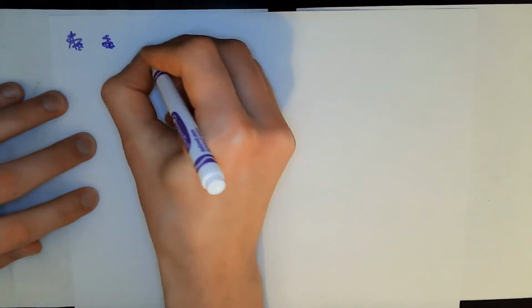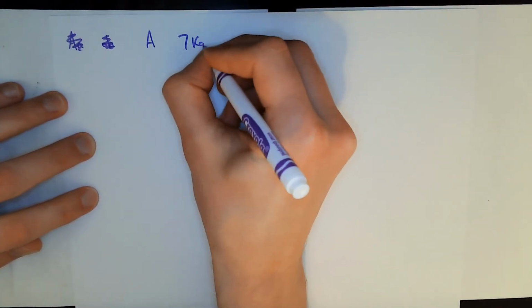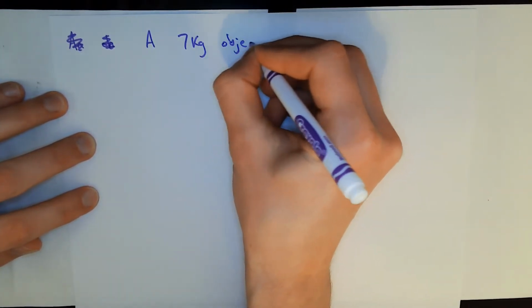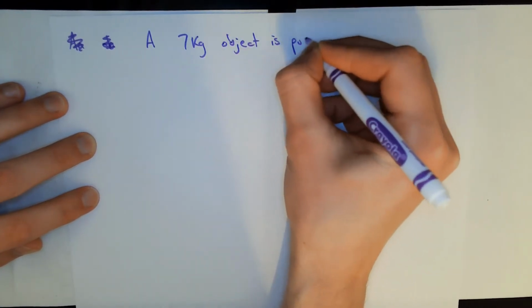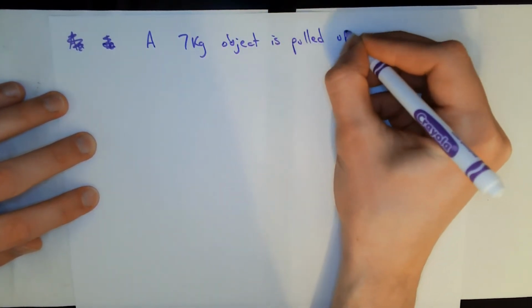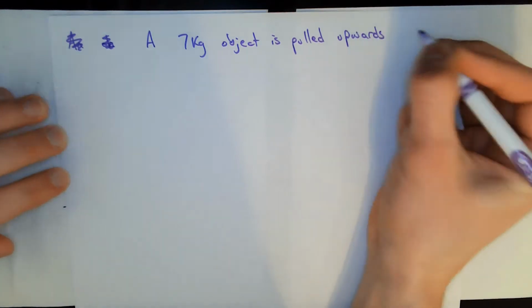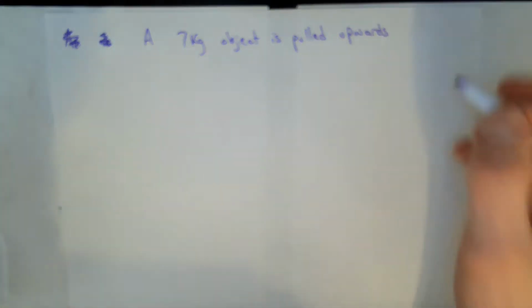So let's look at now an object being pulled up by a rope. Let me say a 7 kilogram mass is pulled upwards by a rope.